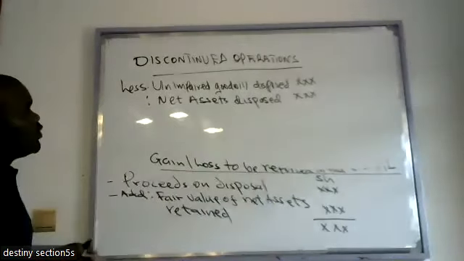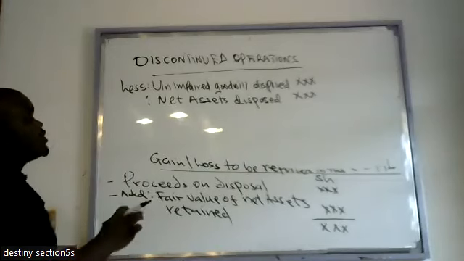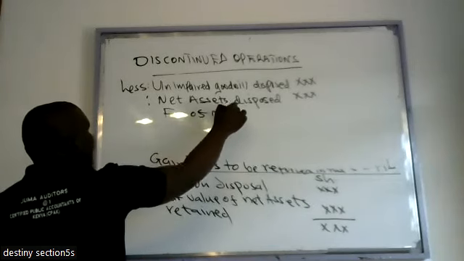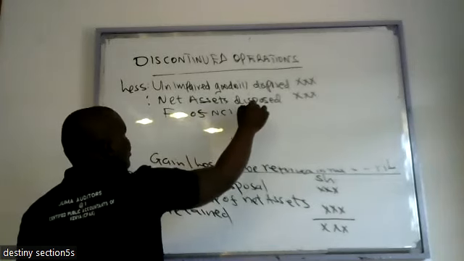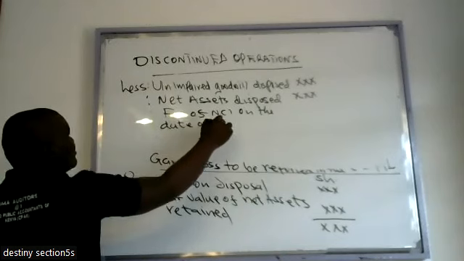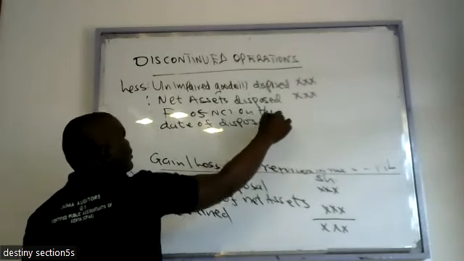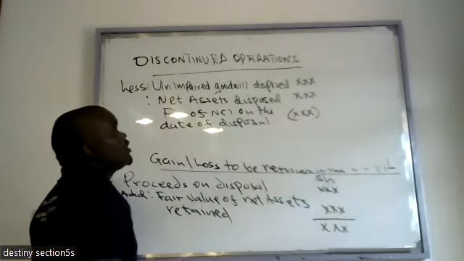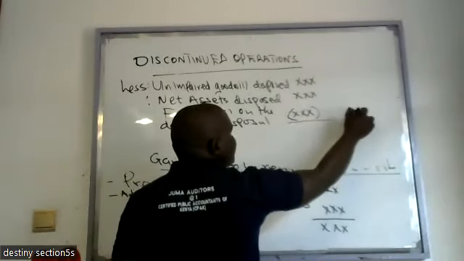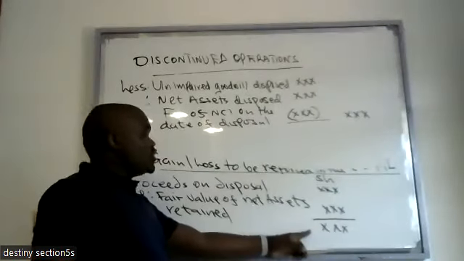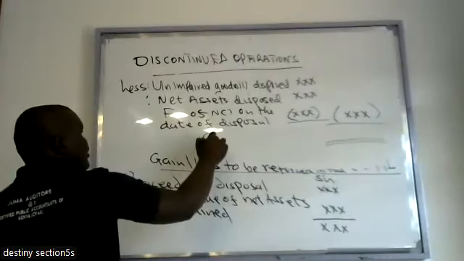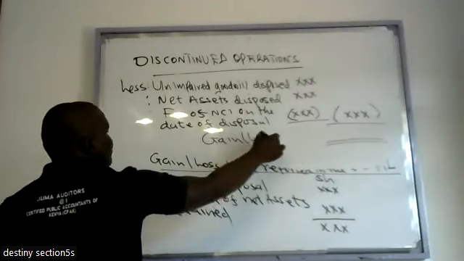But if those goodwill and net assets, minority were entitled, then you will less fair value of NCI on the date of disposal. If they are interested in some part of those net assets, you will subtract. Then what you get is what you subtract from the figure, so that you determine the gain or loss.